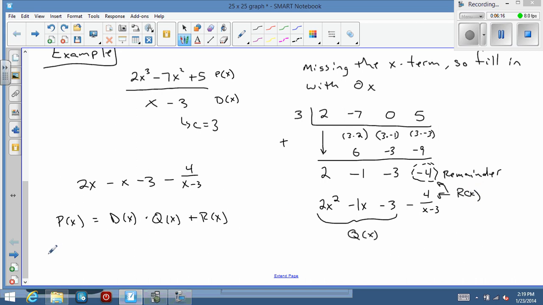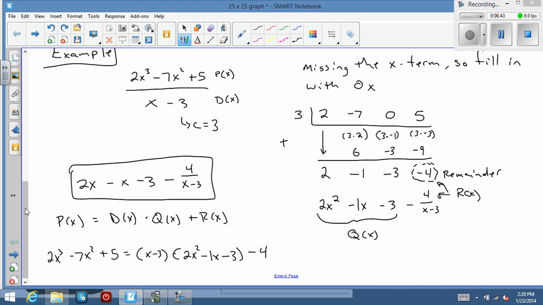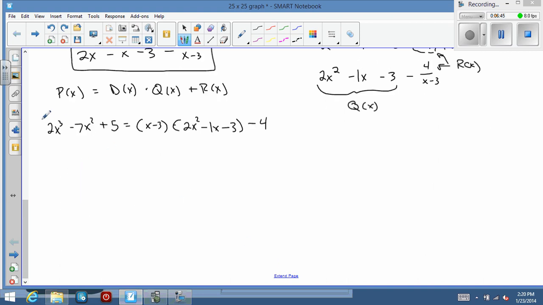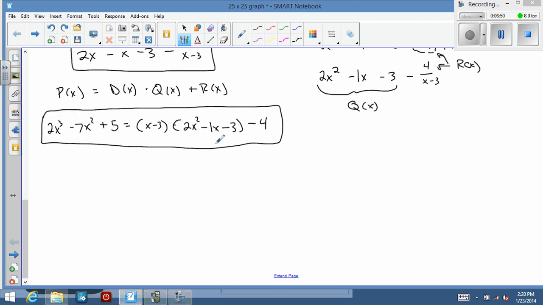So we just write that in. 2x cubed minus 7x squared plus 5 is equal to x minus 3, for our d of x, times 2x squared minus x, or 1x, minus 3, minus our 4. So we've got our answer written with the remainder as a fraction, and we have our division algorithm right there.